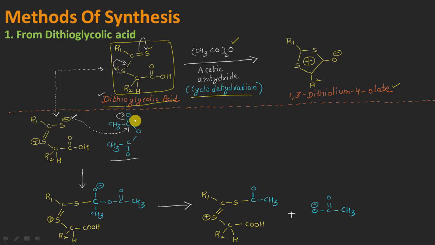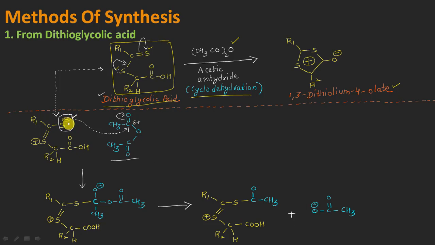So here is our second reactant molecule, the acetic anhydride. And we know that the carbonyl in this case has a partial positive charge. This means it is the electrophilic site in this reaction, and we can easily locate the nucleophilic site: it is this sulfur atom having the negative charge.